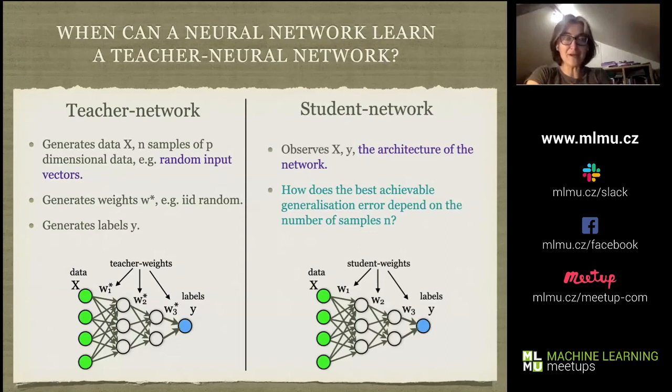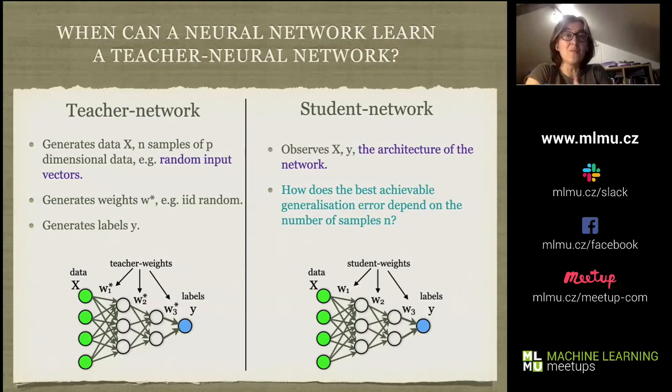To simplify your life, you can even assume it knows the architecture of the teacher neural network, but crucially, you don't give it the values of the weights W star. If it is able to find the W stars, or something equivalent that gives you the same output, then it can learn the same function as the teacher is representing. And that's the question here.